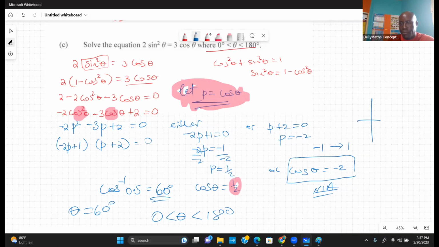We could get that in quadrant 1 and quadrant 4. We have CAST, and that's where the various trig functions are positive. So cos is positive in quadrant 1 and quadrant 4, and quadrant 4 is between 270 and 360. So we only have one answer because where the other answer is, we're not going that far. We're stopping at 180. So this is the final answer.